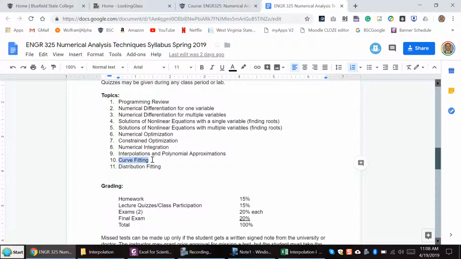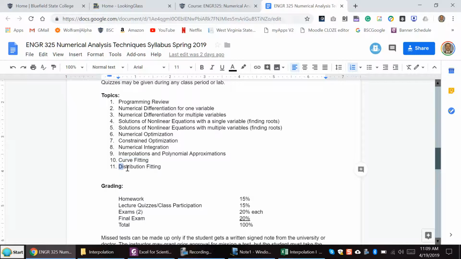Your parameters become your decision variables, and you run it through some type of nonlinear solver and solve for your best fit. So that's curve fitting. I just described curve fitting.